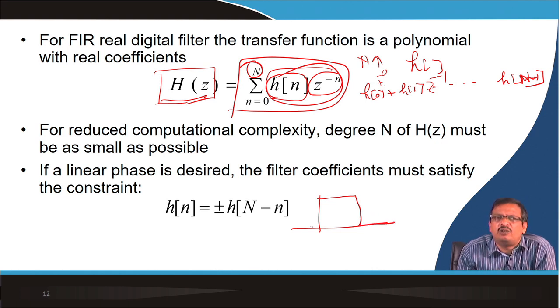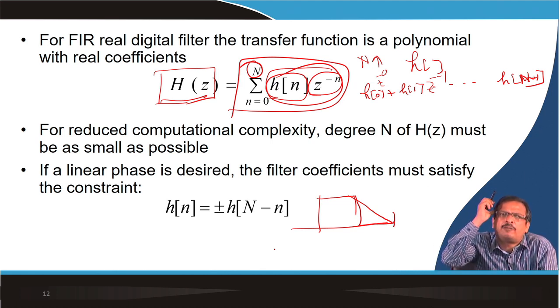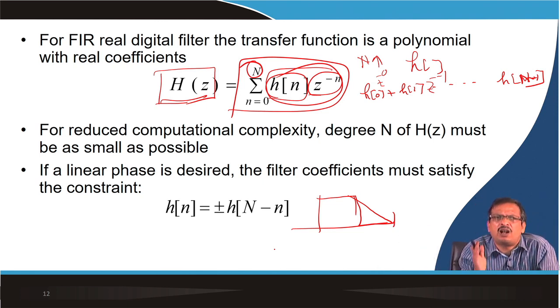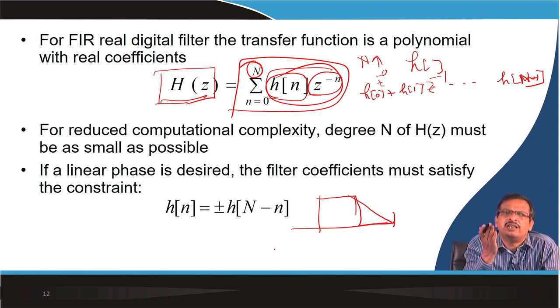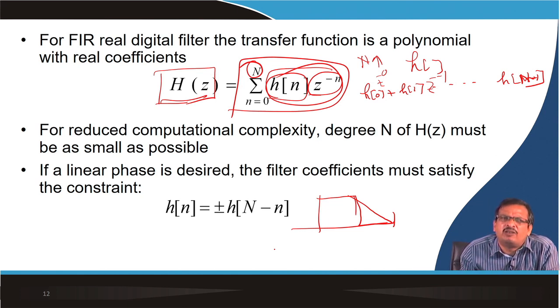Once I reduce the order of the filter, it increases the transition bandwidth. So there is a relationship between transition bandwidth and order: if you decrease the order, the transition bandwidth increases. If I require a very sharp cutoff, the order must be increased. If I can accept a shallow, wide cutoff, then the order will be very low.